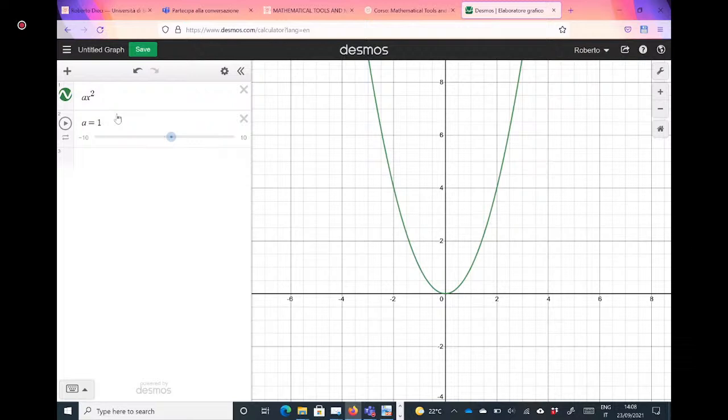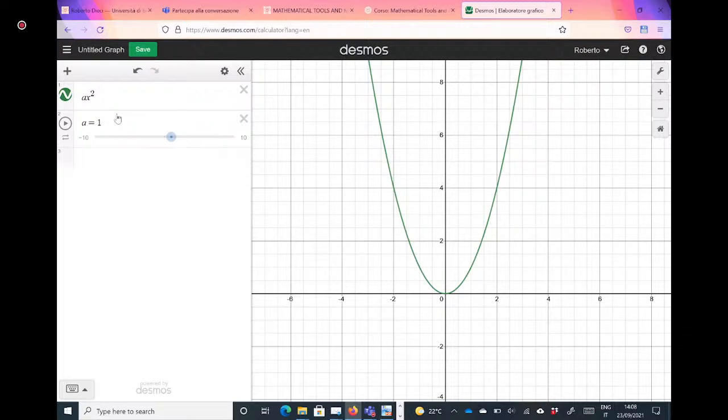So this means that now I'm representing the function y equal to x squared plus x plus 1, which is precisely this one. Let me see if everything corresponds to what we learned earlier. The point C, the intercept, is equal to 1. Okay. A is positive and it controls the concavity, so it is upward concave.